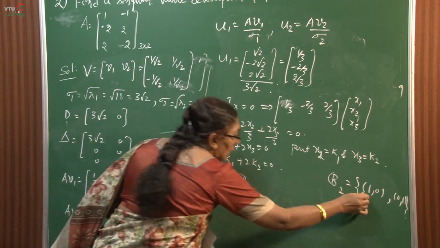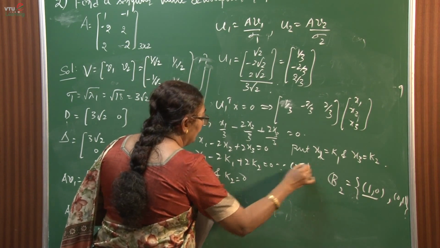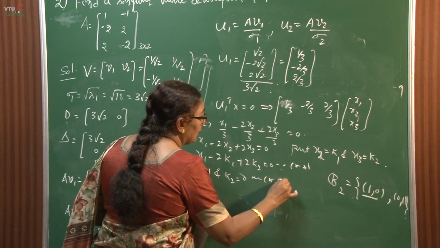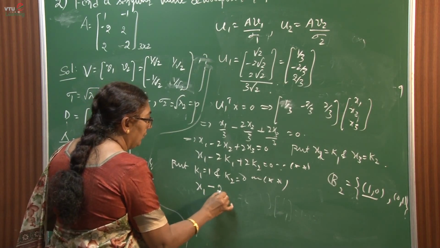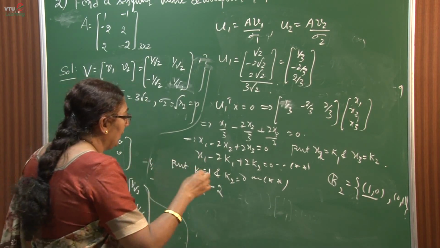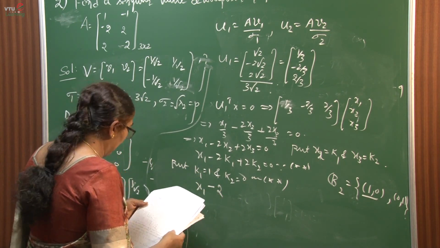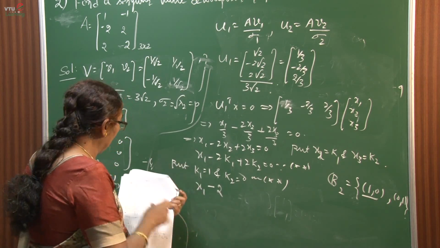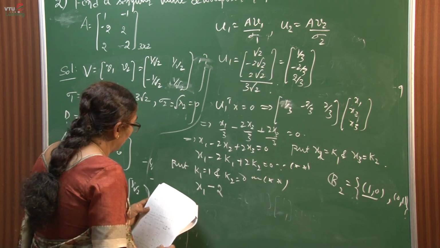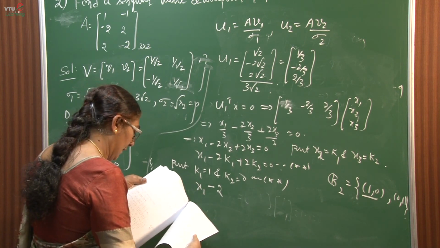Therefore, first put k1 equal to 1 and k2 equal to 0. In the double star equation, what do we get? x1 minus 2, where k1 is 1, and what is the other value? Once we get that, we put the value for x2.